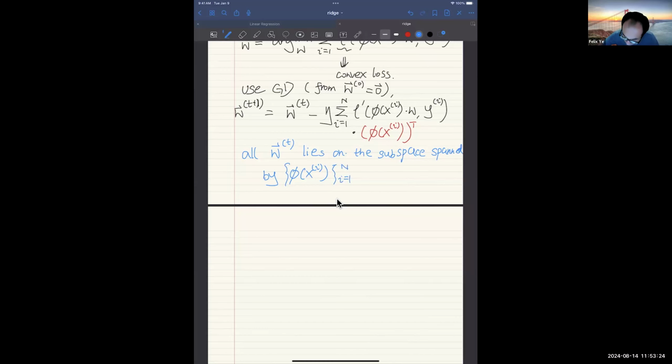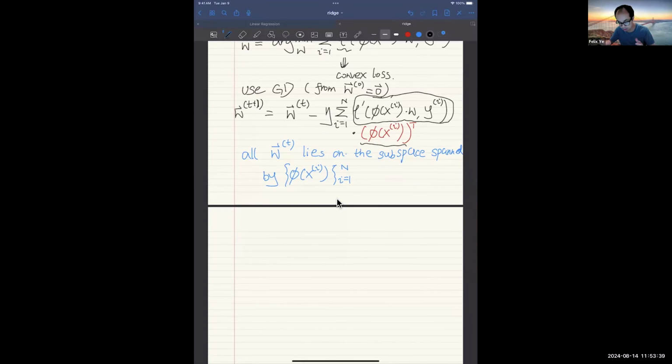The reason you can think about right here is these are actually scalars, right? And these are actually the vectors. So it's a scalar multiplied by a vector, and you sum them together.